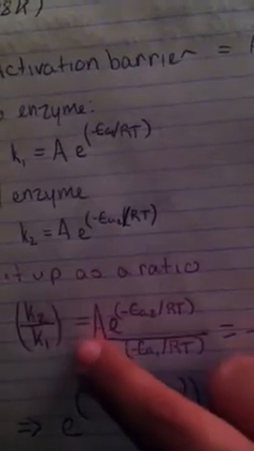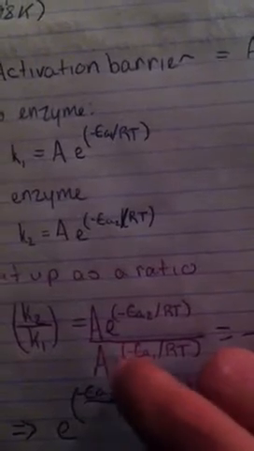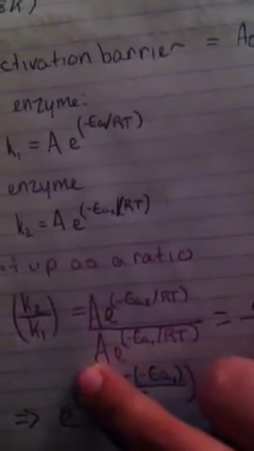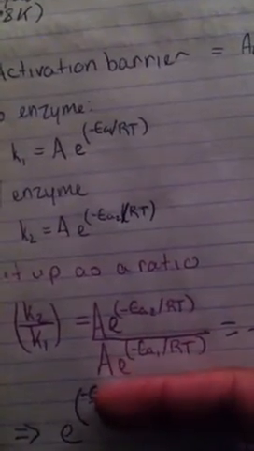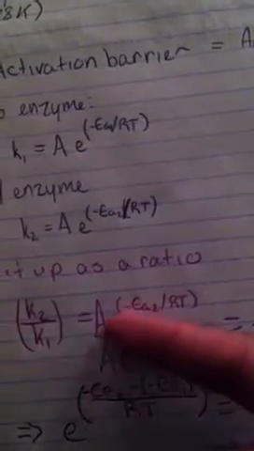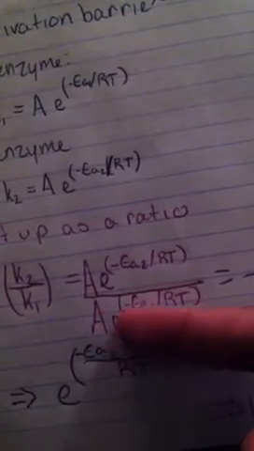We put K2 on top because it's easier to solve this way and it's less nightmarish algebra. So anyway, the larger one, the enzyme catalyzed one, or the one that has a catalyst, I always find it's easier to put it on top. And that's over A times e to the negative EA1 over RT.